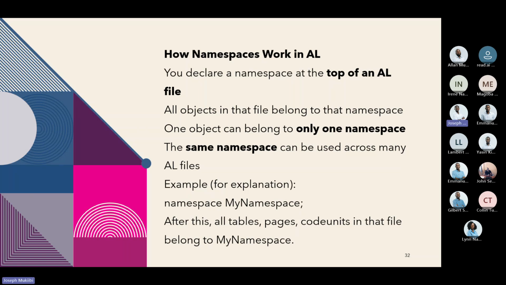All objects in the file belong to that namespace. One object can belong to only one namespace. The same namespace can be used across many AL files. So how you declare it, you write namespace, then the name of that namespace.